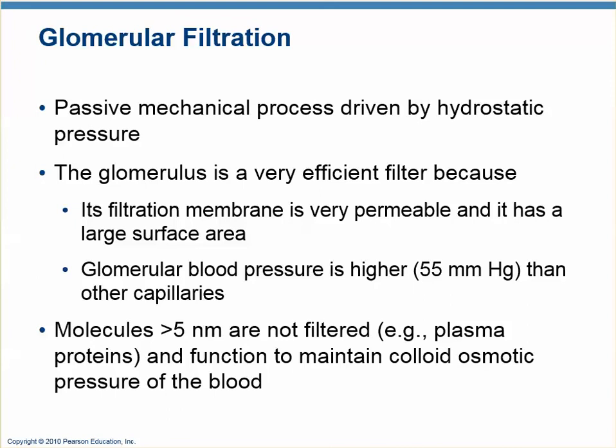The blood pressure is a little bit higher than in other capillaries, just because of the nature of the branching and the diameter, so there's a little less resistance going there. And anything that's larger than the filtration slits is kept in the blood, and so osmotic pressure is maintained, the same as when we looked at the cardiovascular system.